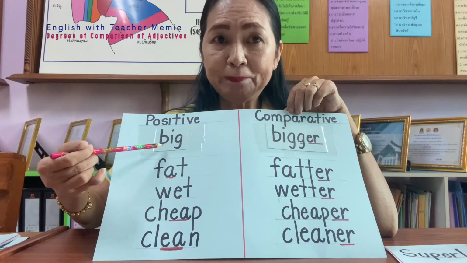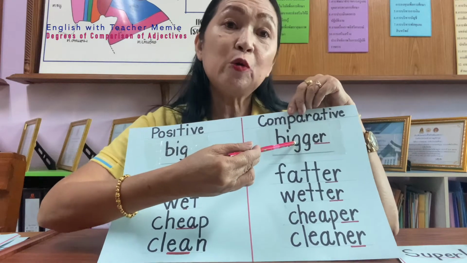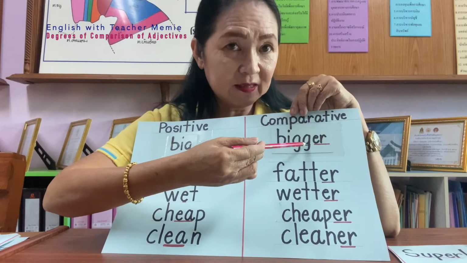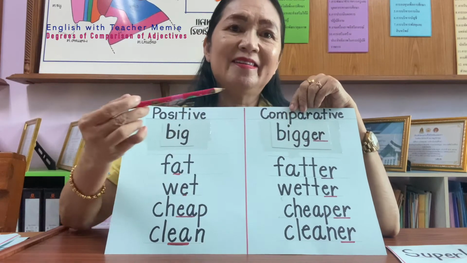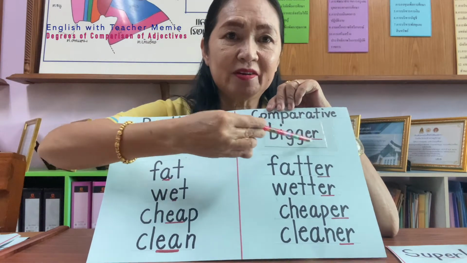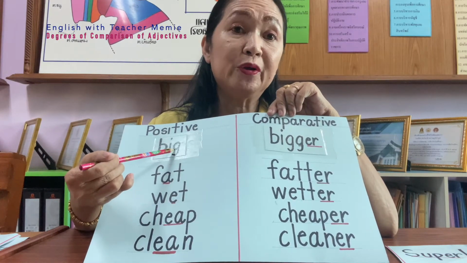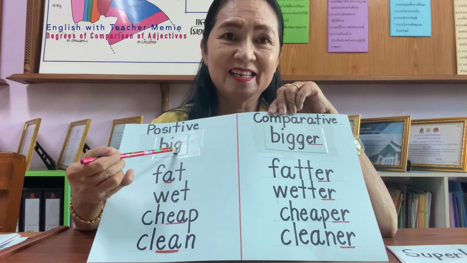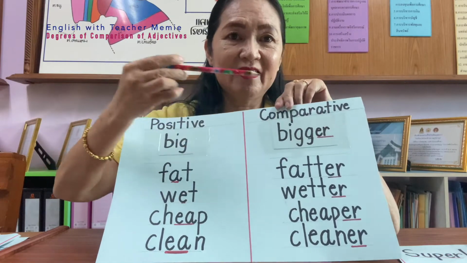So the word big, the last letter is G, and you have to double the letter G, then add ER. So big becomes bigger.